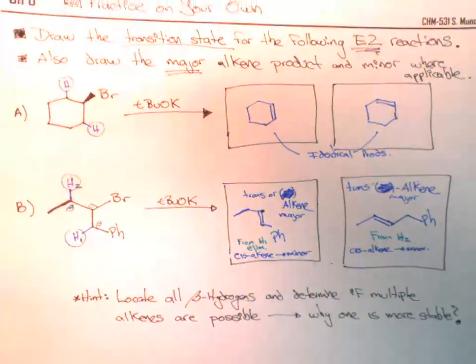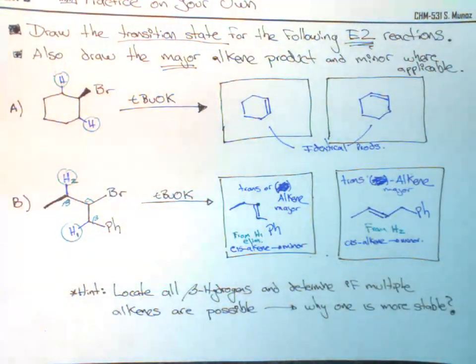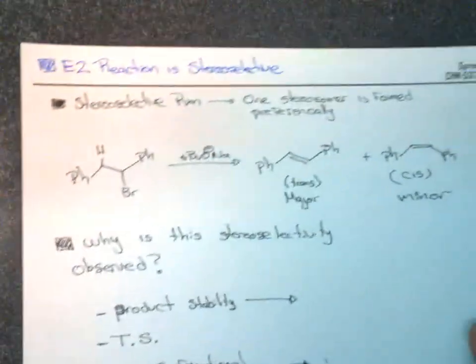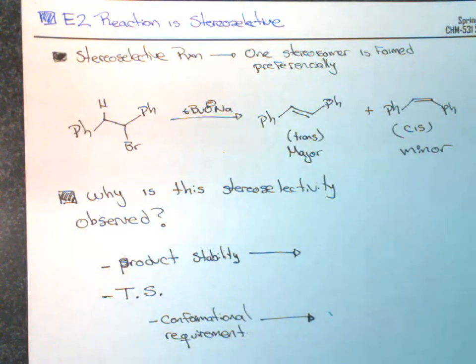Now, there's a stereochemical requirement that I keep mentioning, and let's talk about it because this is an extremely important aspect of an E2 reaction. An E2 reaction is a stereoselective reaction. What is stereoselective?